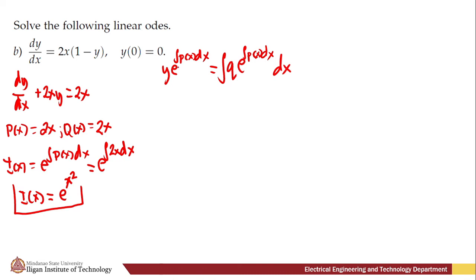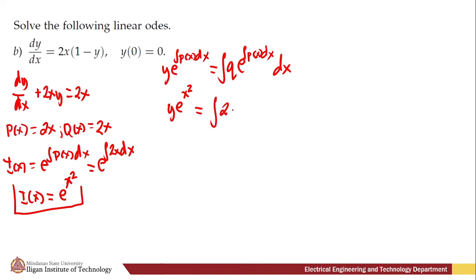So our e raised to integral of p of x dx is just equal to e raised to x squared. So we have y e raised to x squared equals integral of q of x. The value of q here is just our q of x, which is 2x.